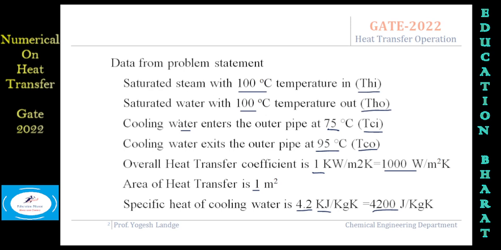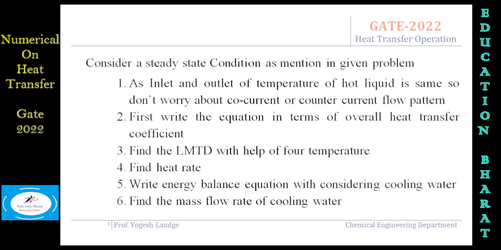So let's see what the steps involved are. The first thing, we consider a steady state condition, and on the basis of this we solve the numerical. As the inlet and outlet temperature of the hot liquid is the same, we are not worried about whether it is co-current or counter current.